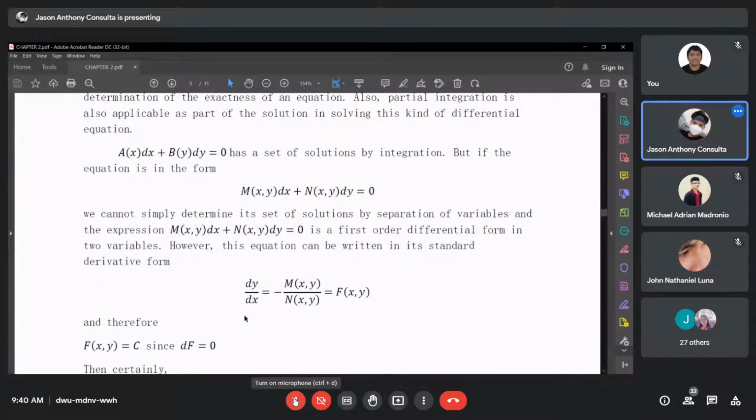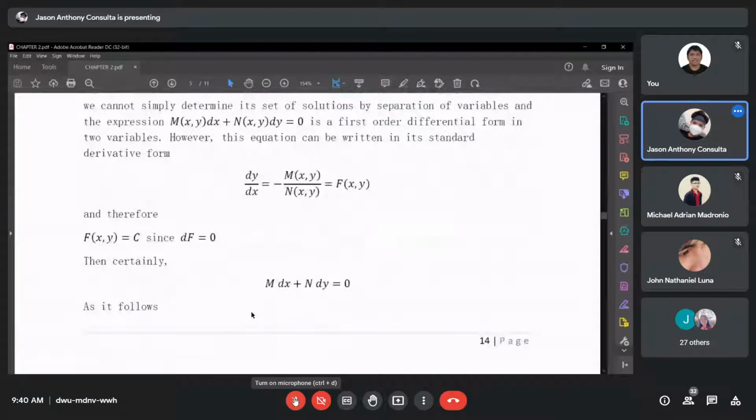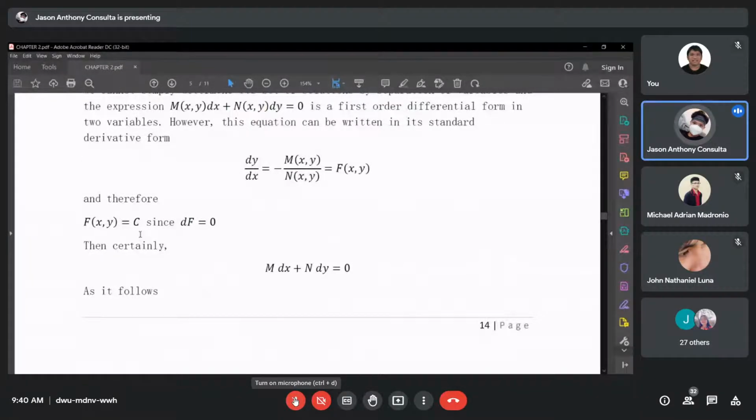Okay? So therefore, function of x, y is equal to c, since the partial derivative of f is equal to 0. So bakit? Kasi when you perform partial differentiation with respect to a variable, you treat all the other variables as a constant. Okay? Then certainly, we are going to have the simplest form M dx plus N dy.